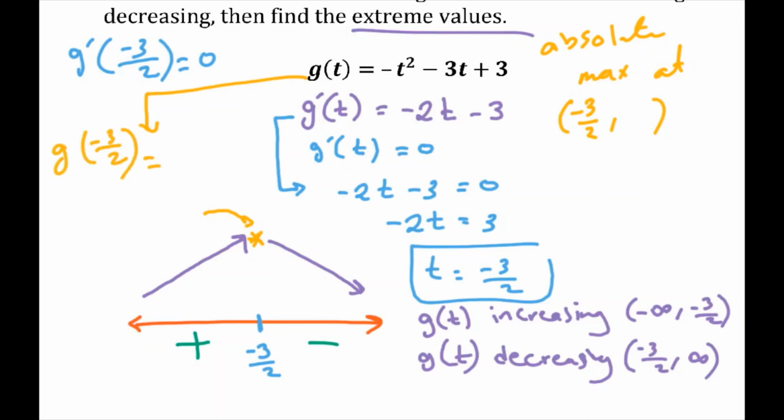By making the substitution, I get 21 over 4. If you try to use GeoGebra or Desmos to draw this function, you're going to get something like that, in which this point here is negative 3 over 2 and 21 over 4.